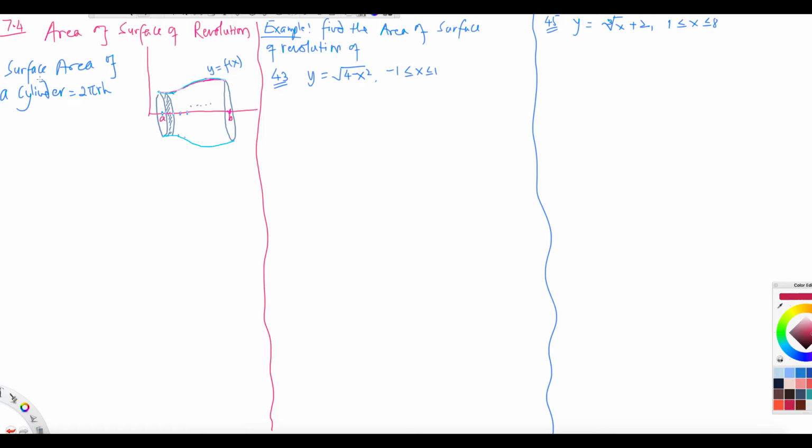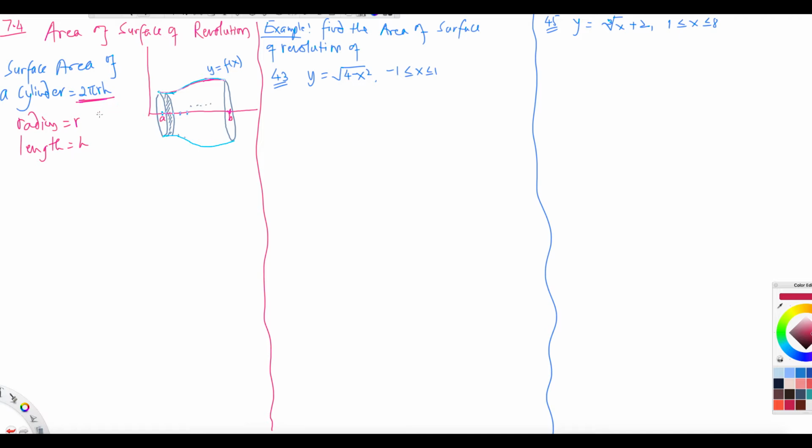We know that the surface area of a cylinder with radius r and length or height h is 2 pi r h.